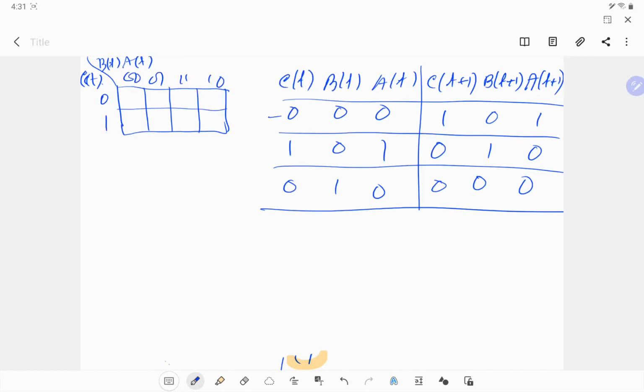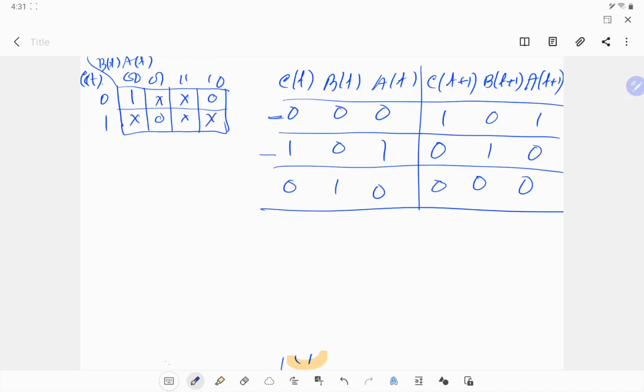So we have for 0 0 0, 1; for 1 0 1, 0; for 0 1 0, 0; and the rest are don't care.